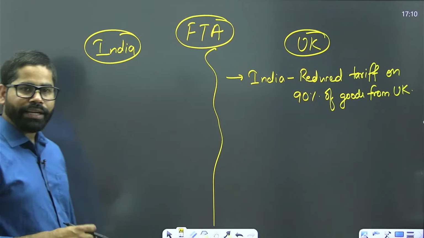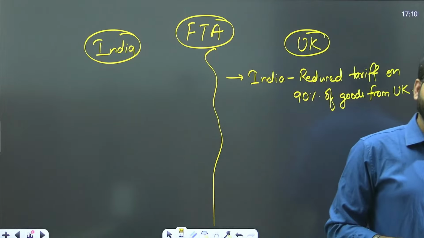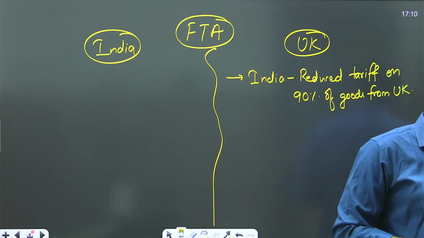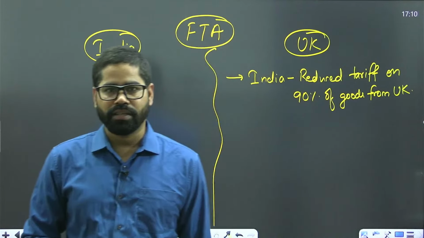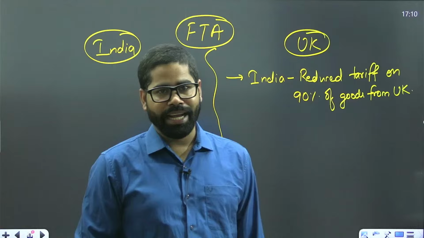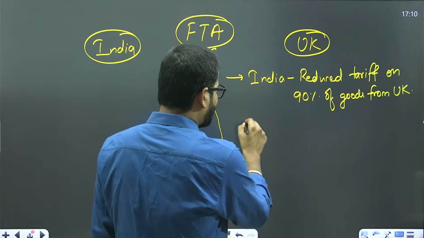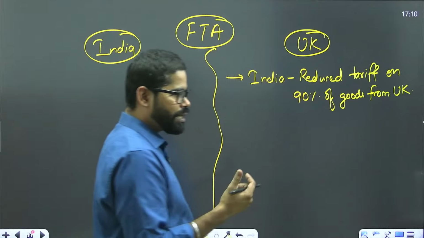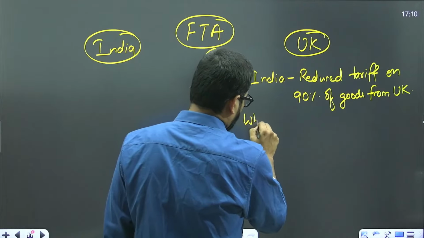And it's not a simple reduction. There is a reduction of tariff from 150% to 75% and then 40% over the next 10 years. For example, whiskey.